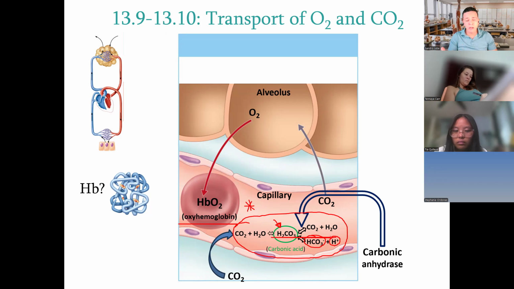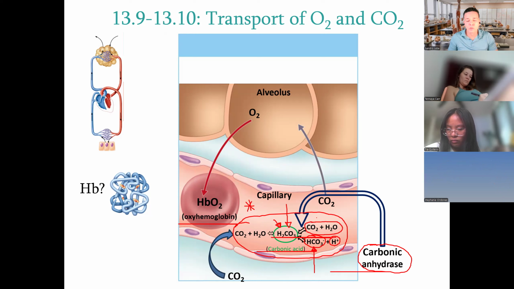So what I was saying earlier is that CO2 doesn't travel as CO2 in the blood. It travels as carbonic acid, and it travels as a bicarbonate. When the carbonic acid passes through the capillaries of the lungs, we are going to have an enzyme called carbonic anhydrase, and the carbonic anhydrase will break down carbonic acid into CO2 and water.